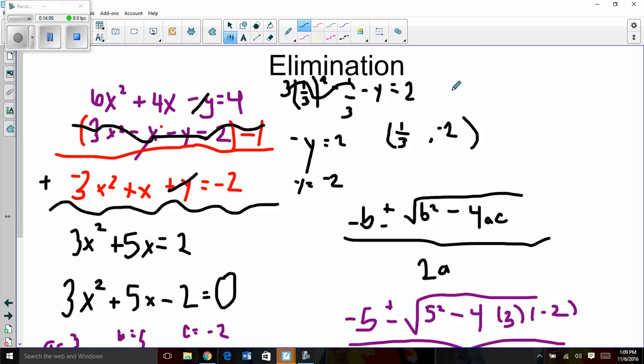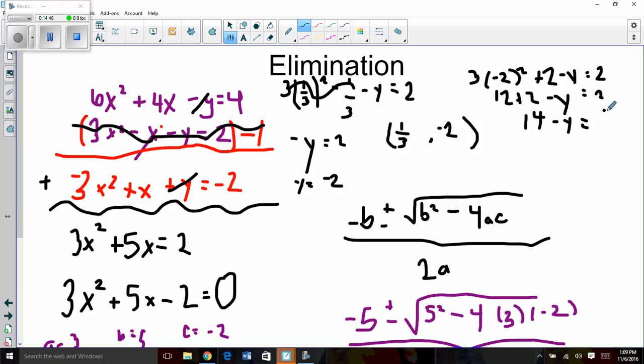So let's go plug that in. 3 times negative 2 squared minus negative 2 would be, we can just change that to a plus 2, minus y equals 2. Negative 2 squared is 4. 3 times 4 is 12. 12 plus 2 minus y equals 2. So 14 minus y equals 2.